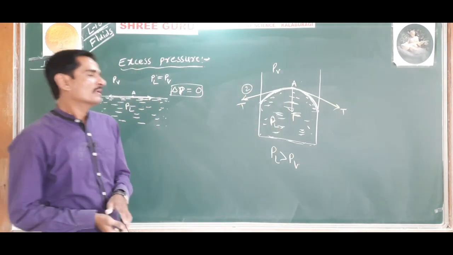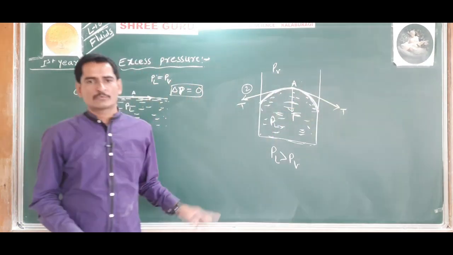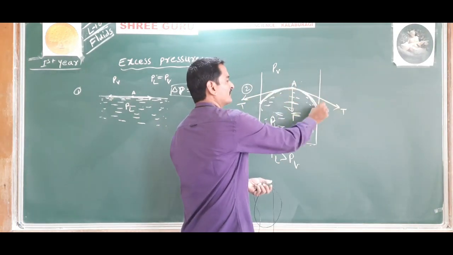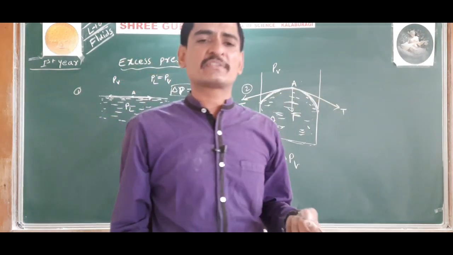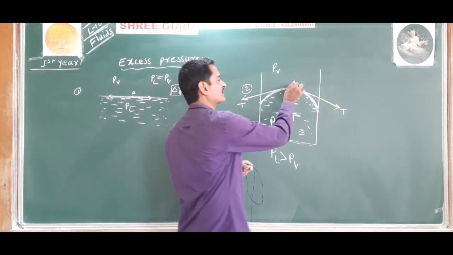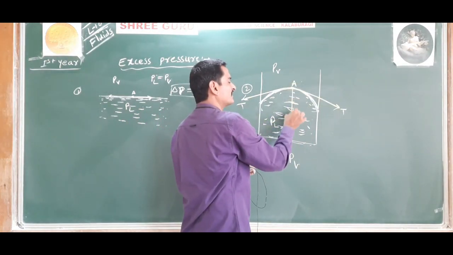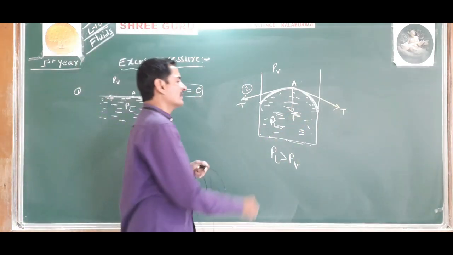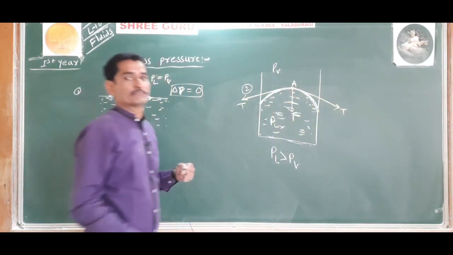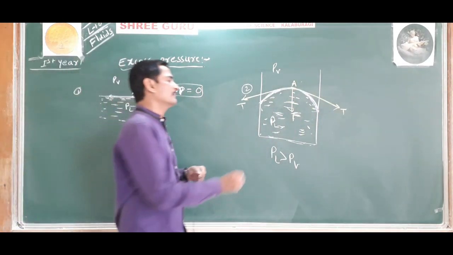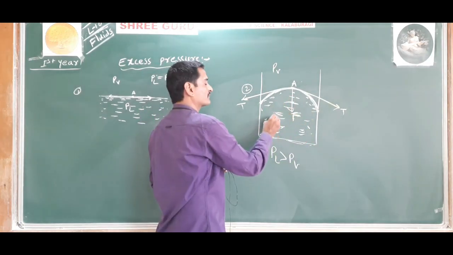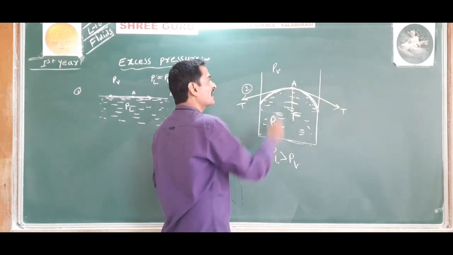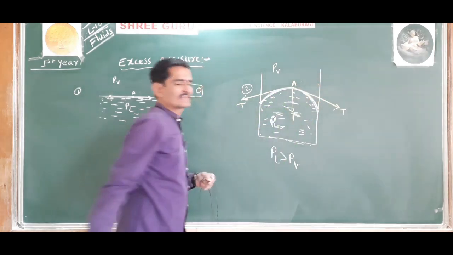Here, when the free surface of the liquid is convex, a molecule A on the convex surface will experience a net force in the downward direction, that is towards the liquid side. Hence, for the surface to be in equilibrium, the pressure on the liquid side of the surface must be greater than the pressure on the vapor side of the surface.